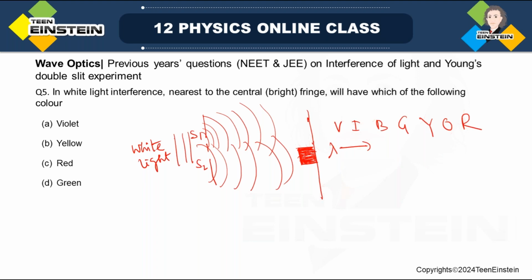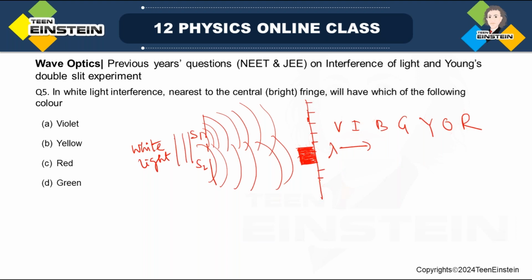And then for the other fringes, instead of getting dark and bright, we'll get different color fringes.